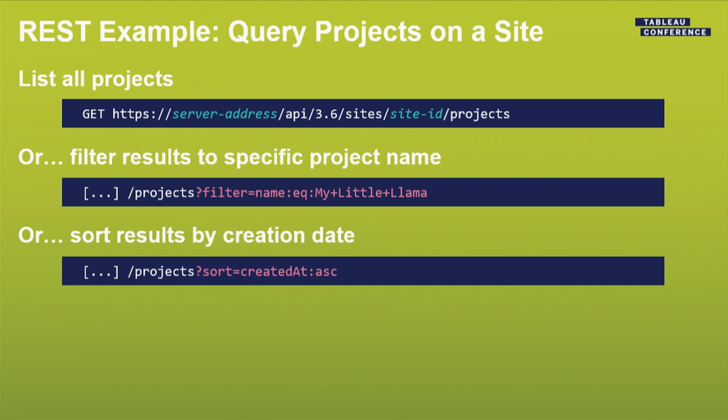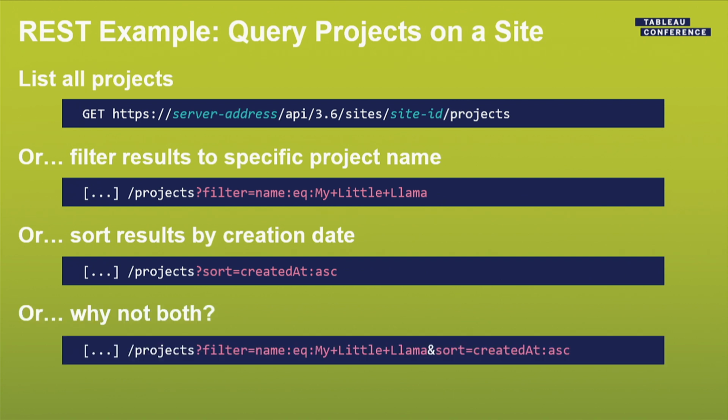And also, you can sort all those results by specifying the order using createdAt, and you can sort in ascending or descending order. And why not combine both? All you need is to add an ampersand in between, and everything just works.